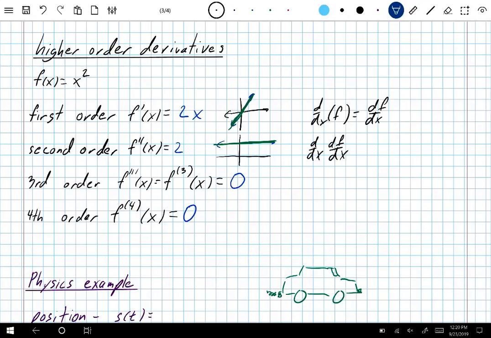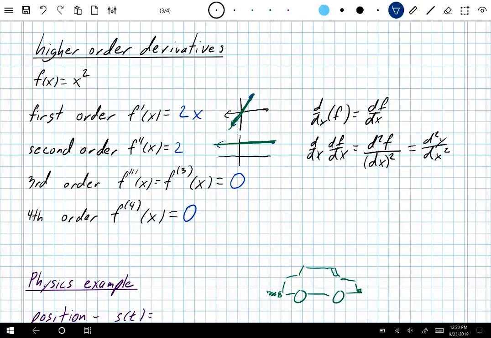This looks a little funky. The notation for this is d squared f over dx squared. And that squared is really over the whole, it's really over all of this, but we rarely write that notation. We rarely write the parentheses. So this would be d squared y over dx squared for a second derivative.